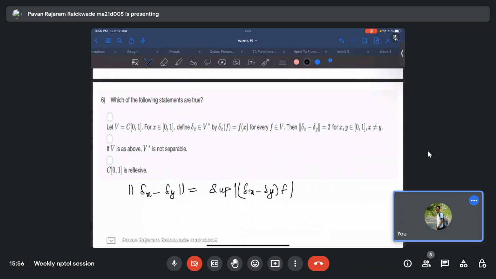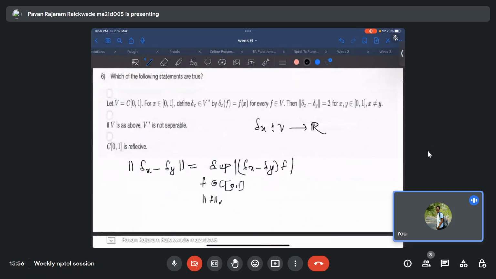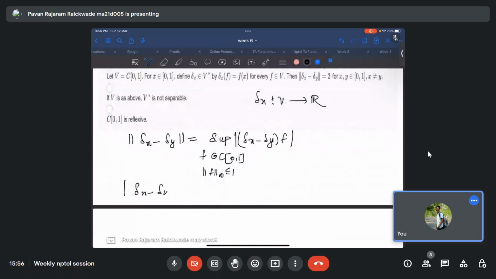Delta x is a function from V to R, where f belongs to C[0,1] with norm f infinity less than or equal to 1. But delta x minus delta y at f is just f(x) minus f(y), which is less than or equal to modulus of f(x) plus modulus of f(y) by triangle inequality.